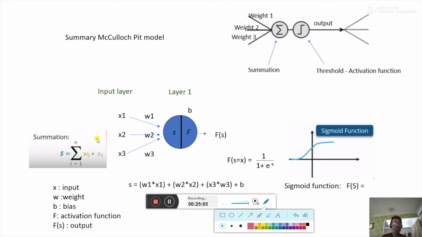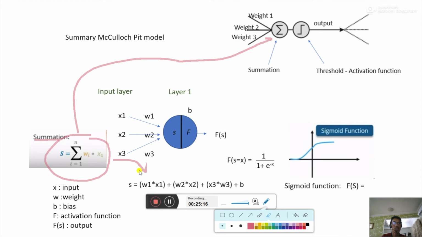This is what we call summation: w1 times x1 plus w2 times x2, plus the summation and so on until n.